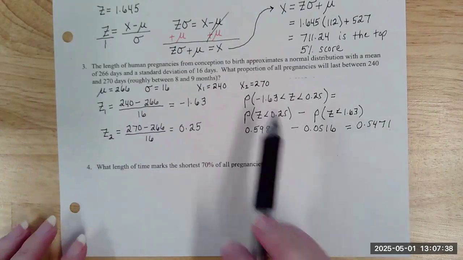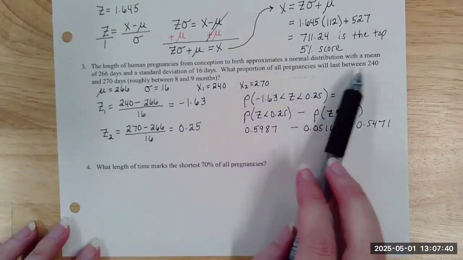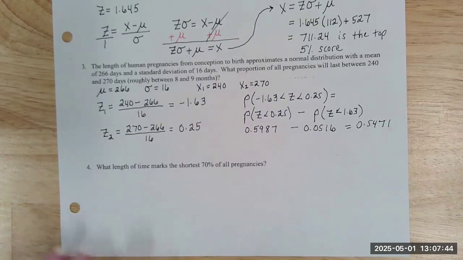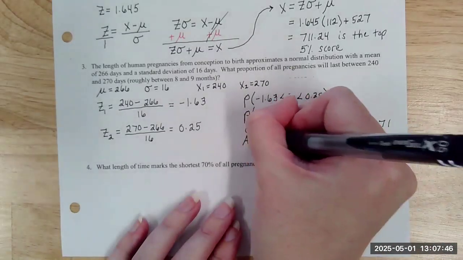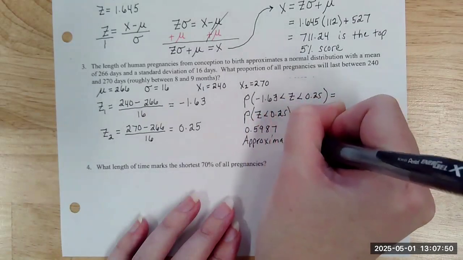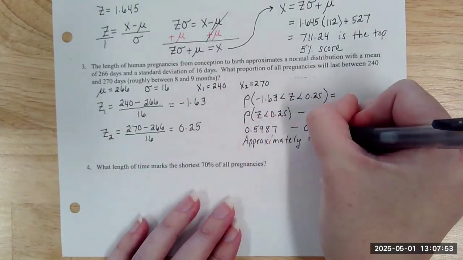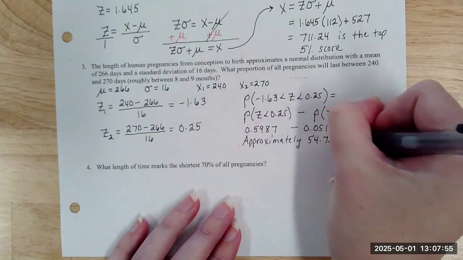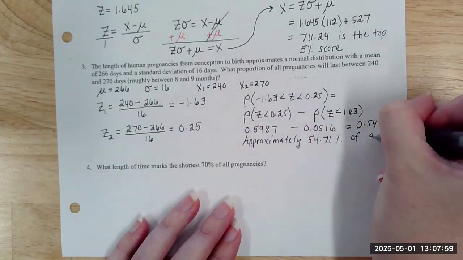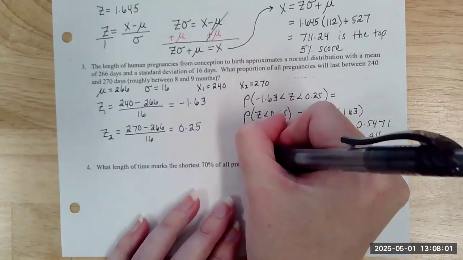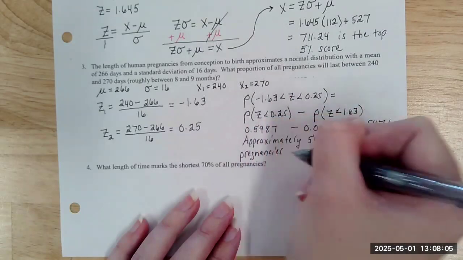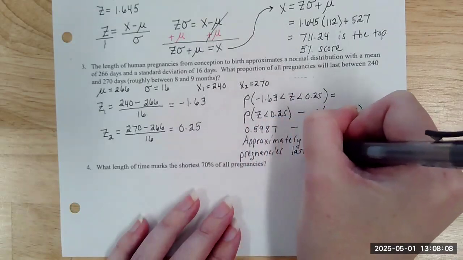The question said, what proportion of all pregnancies will last between 240 and 270 days? So what we just got is that approximately 54.71% of all pregnancies last between 8 and 9 months.